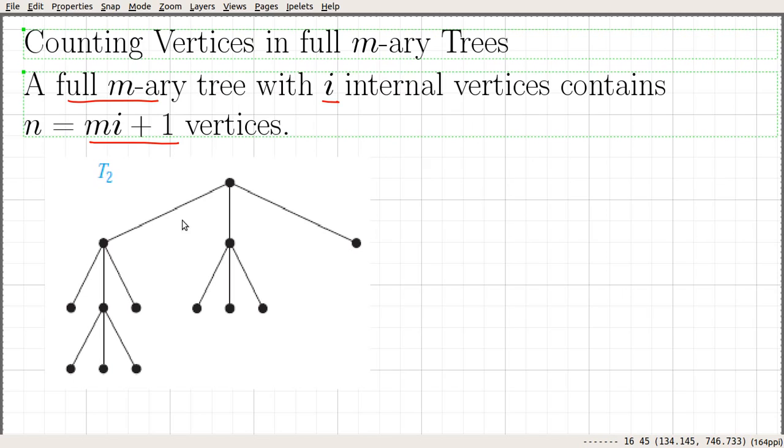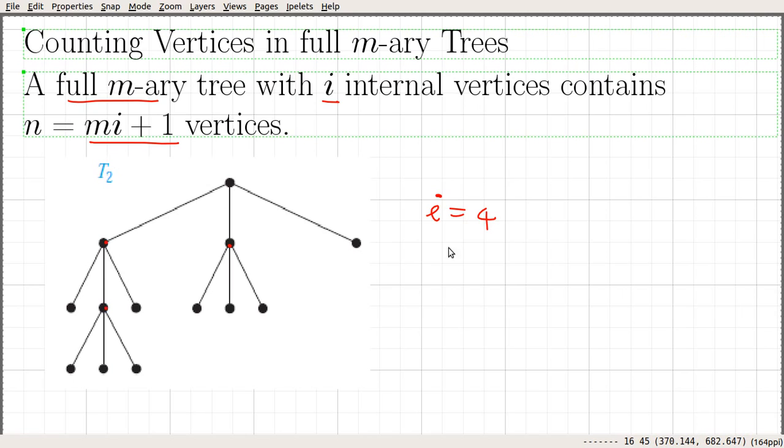Okay, so let's look at an example, then after that we will go and prove the statement. If you look at this particular tree, we can see that the number of internal vertices i is equal to 1, 2, 3, 4.